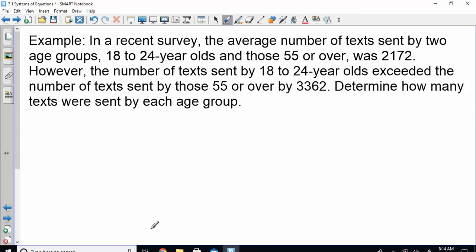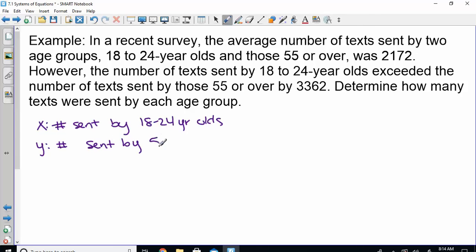So what am I trying to find? x is the number sent by the 18 to 24-year-olds, and y is the number sent by the 55 and over.